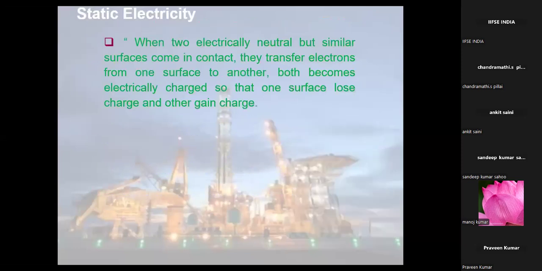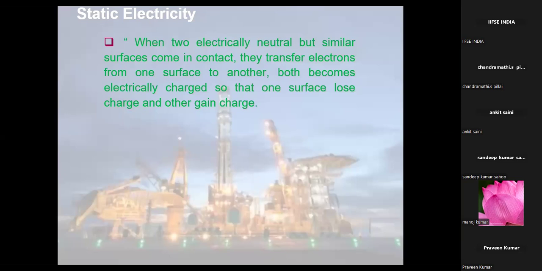Static electricity. When two electrically neutral but different surfaces come in contact, they transfer electrons from one surface to the other. Both become electrically charged, so that one surface loses charge and the other gains charge. Now this is more prominent where you have flow lines.